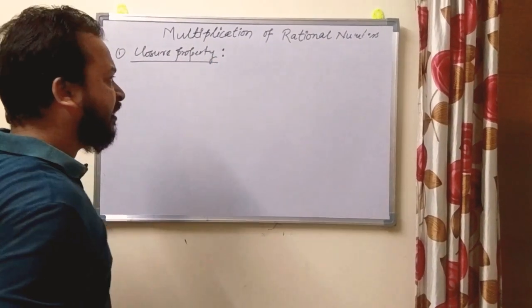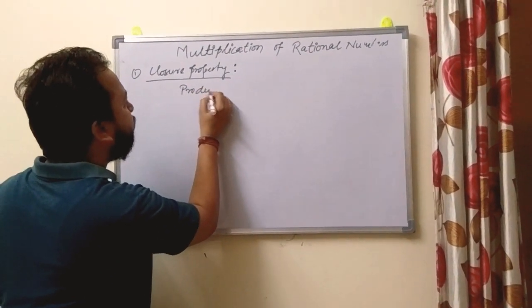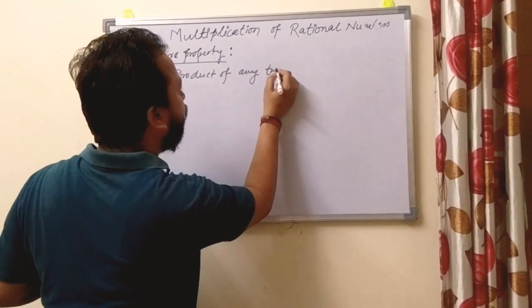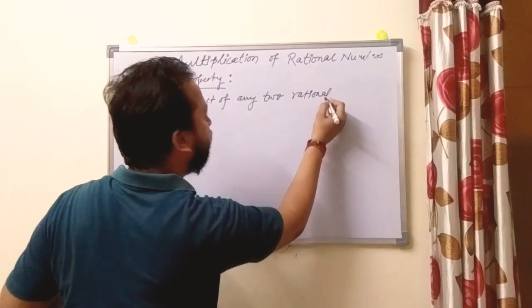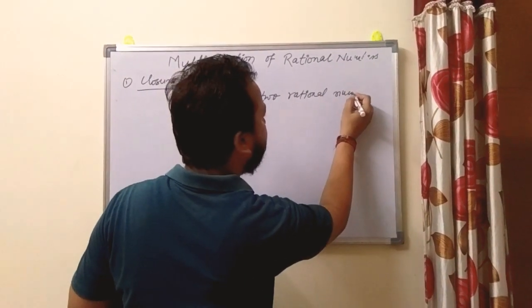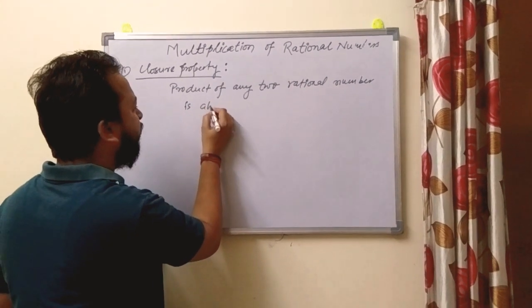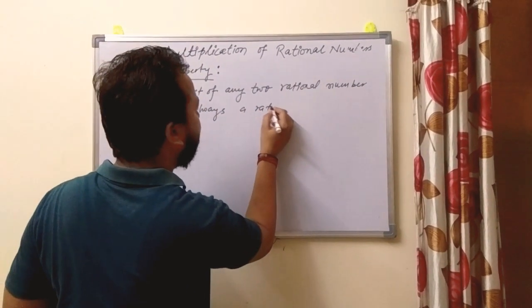And this property states that the product of any two rational numbers is always a rational number.